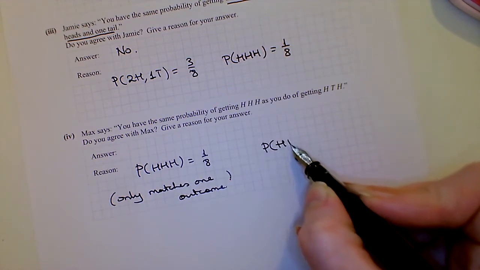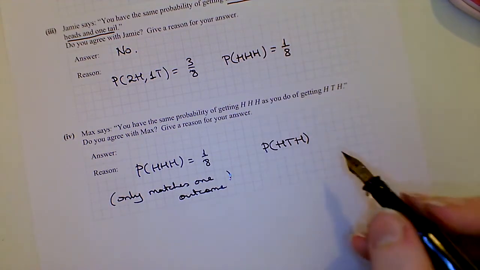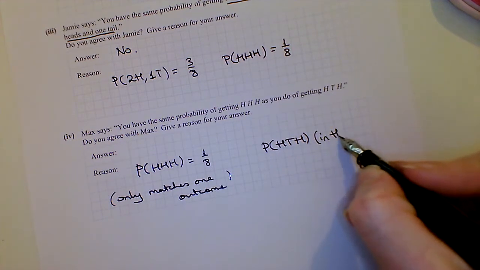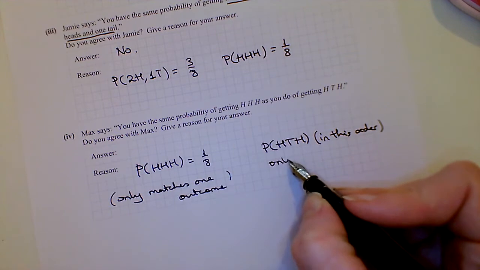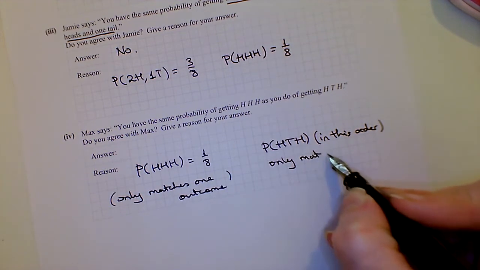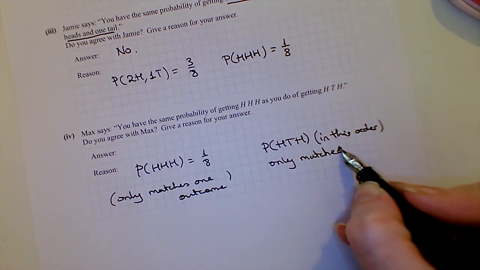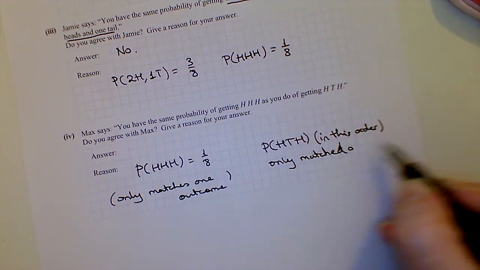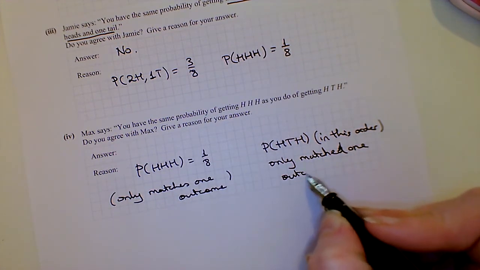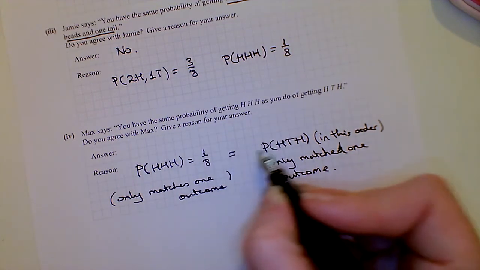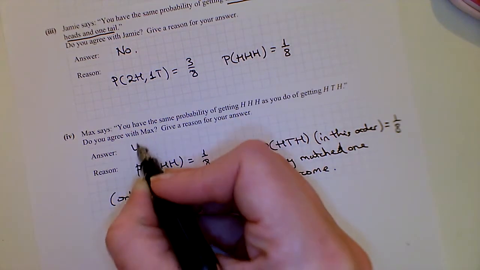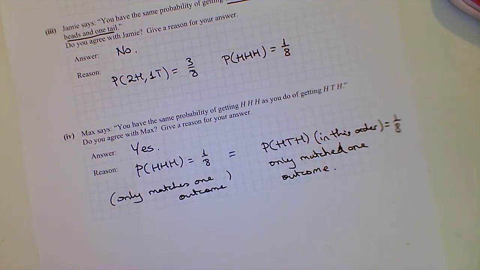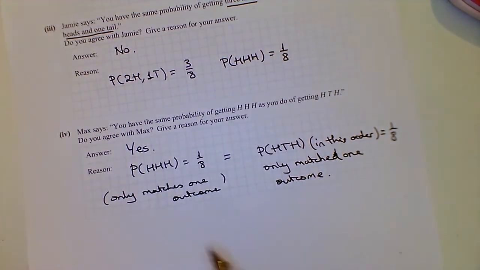And the probability of getting heads, tails, and heads in this specific order only matches one outcome as well. So those are equal. So that's equal to 1/8 as well. So yes, I would agree with Max. Sometimes it's easier to write down the reason first and then state whether you agree with them or not.